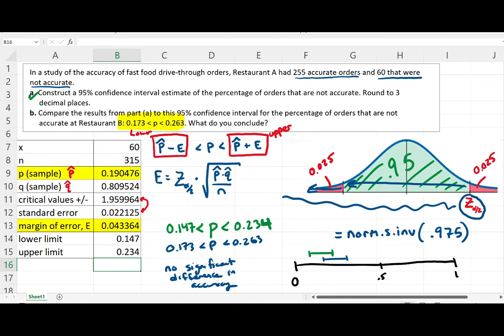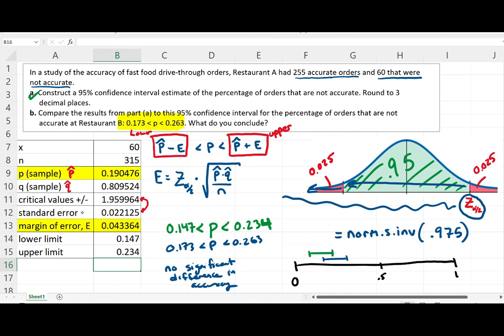All right, that about does it for this example. But in general, anytime you're doing a confidence interval estimate for the proportion or percentage, this is how you would approach it. These on the left are the components you're going to need.